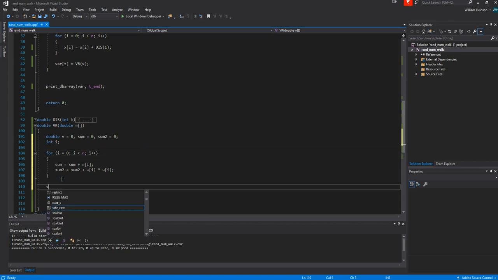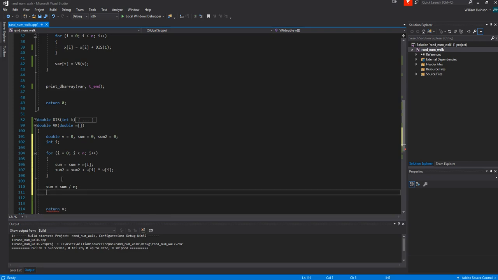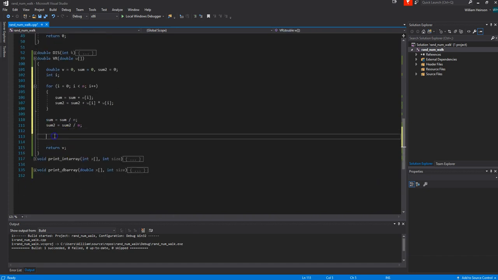And then sum equals sum divided by n. And sum 2 equals sum 2 divided by n. And of course, we have to return our variance.